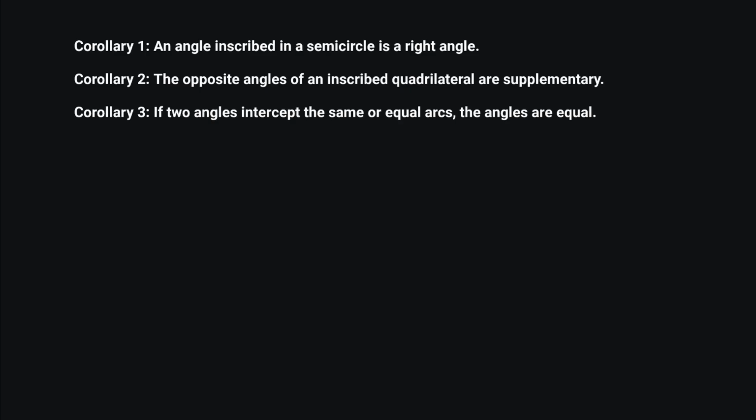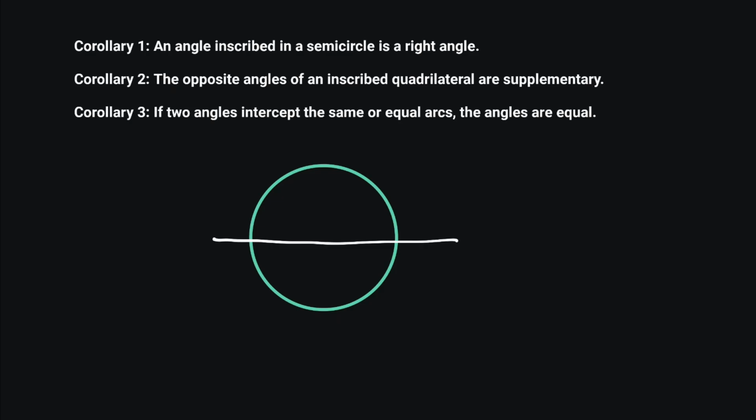This is the general idea, and it works for any type of intercepted arc. From that theorem, we have 3 corollaries that are very interesting. The first one says an angle inscribed in a semicircle is a right angle. This one is really cool because you have a circle, and there's the semicircle. Any inscribed angle that I do on the semicircle, let's do it just on top, if I do it here, that will form a right angle.